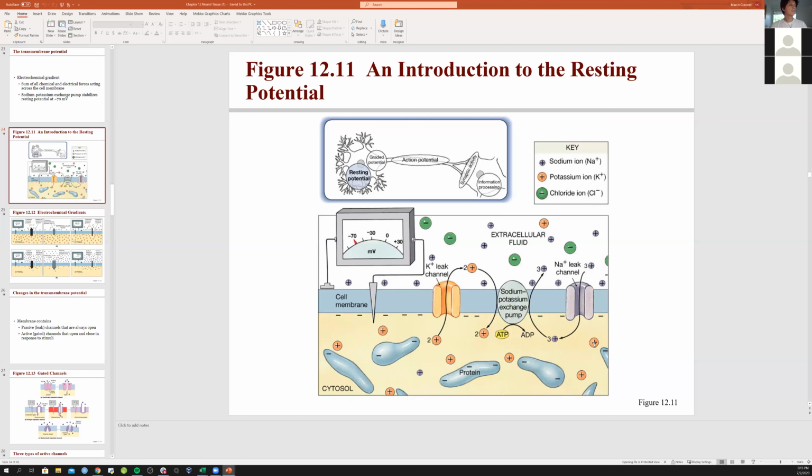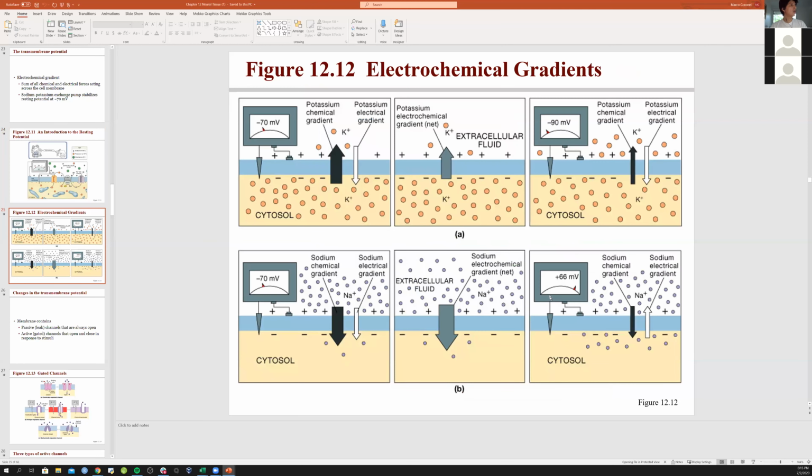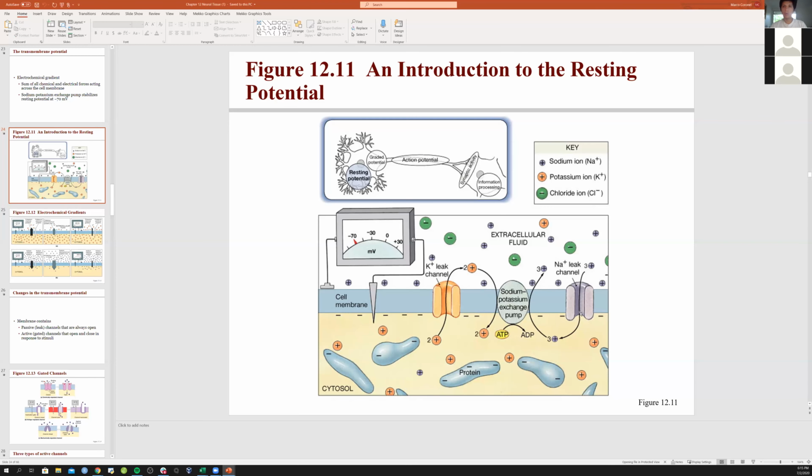I want you to keep in mind the role of these leak channels. One of the things that we saw here is the potassium leak channel. There is a potassium and there is a sodium leak channel. That means that potassium is constantly flowing, and that sodium is constantly flowing.